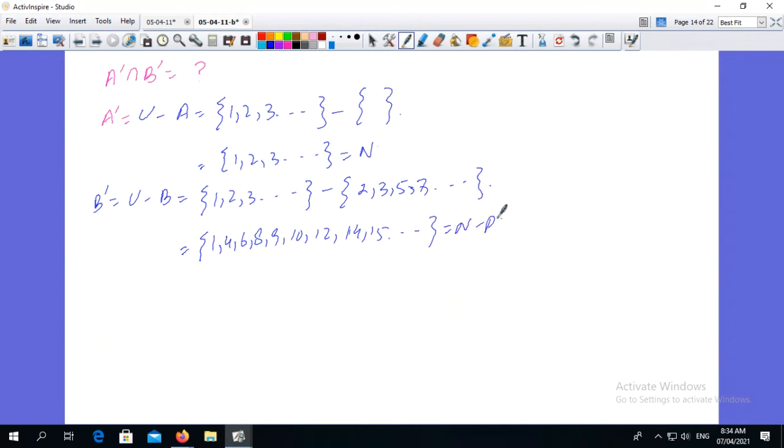Now we have to take the intersection of A complement and B complement. A complement means the natural number set 1, 2, 3 and so on, and the intersection with B complement, which is 1, 4, 6, 8, 9, 10, 12, 14 and so on.